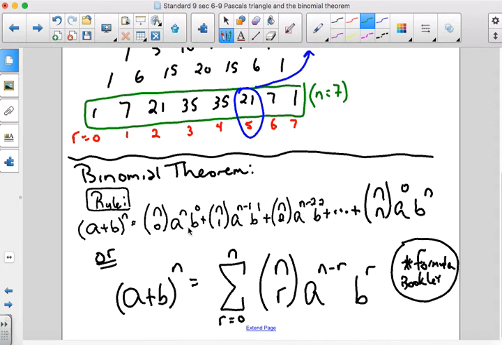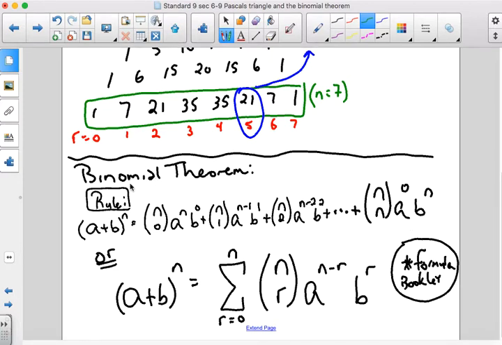R is 0 in the first term. This is why this is b to the 0. And then we do for r equals 1, which is this term right in here. Then we do it for r equals 2, which is this term right in here. And we keep doing that until r is equal to the value of n, which is this last term right here.